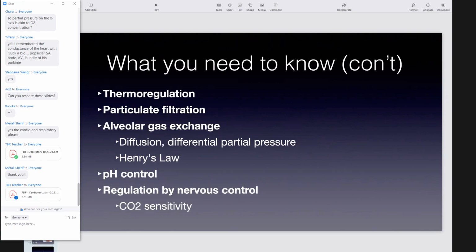The nervous system doesn't quite measure oxygen in our bodies. Rather, it is sensitive to carbon dioxide. So it measures the amount of oxygen in the body by looking at carbon dioxide specifically, and we'll look at why they're even related in the first place.